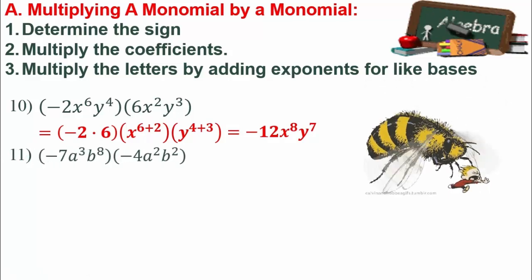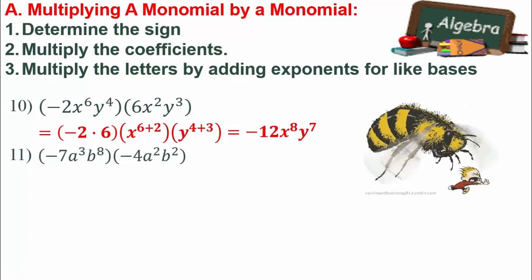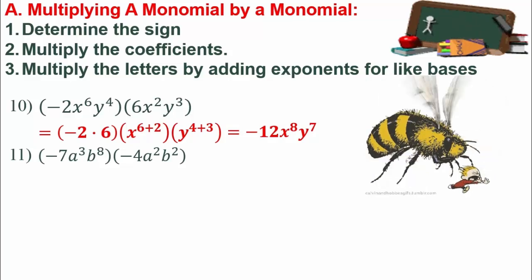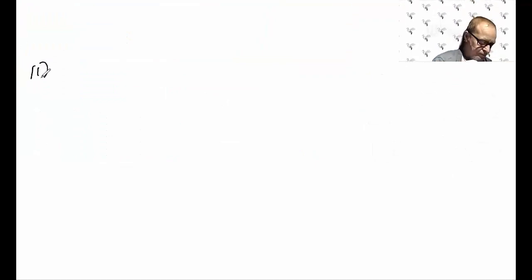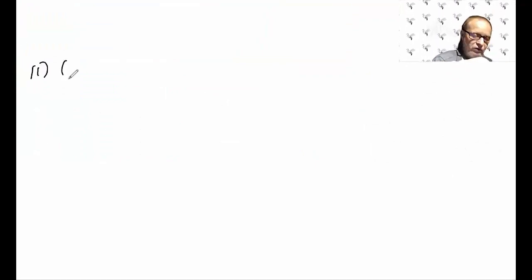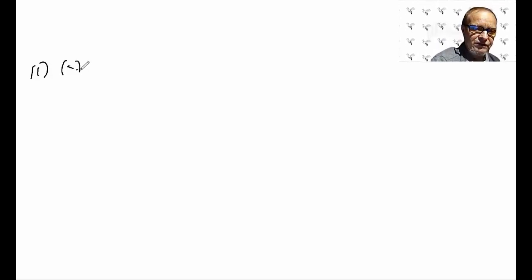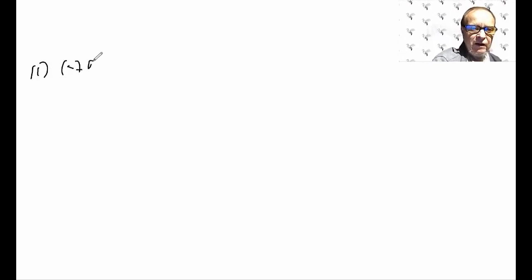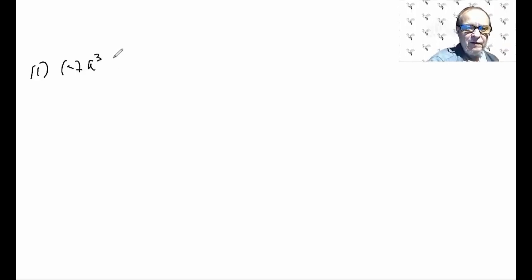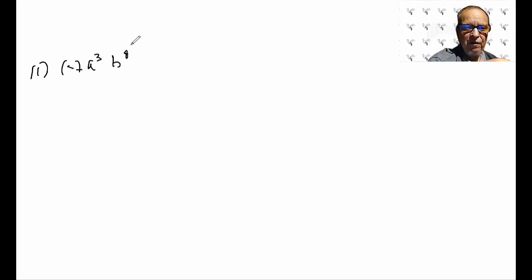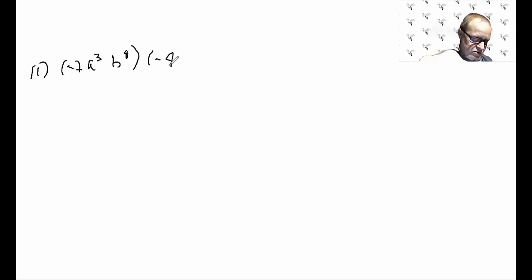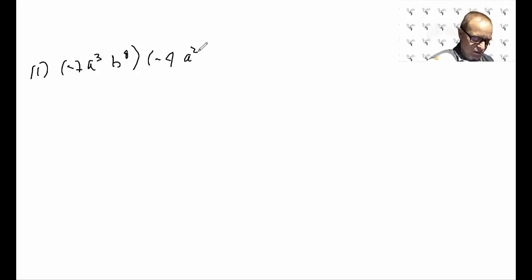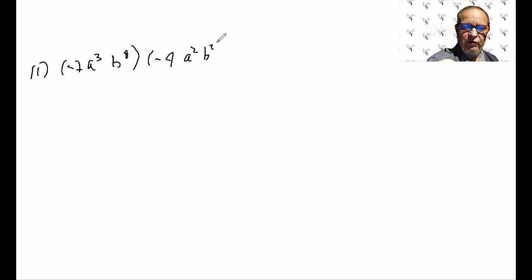In example number 11, well, let's work this also out on the whiteboard in more detail. In example number 11, I have the two monomials, negative 7, a cubed, b to the 8th, and then negative 4, a squared, b squared.